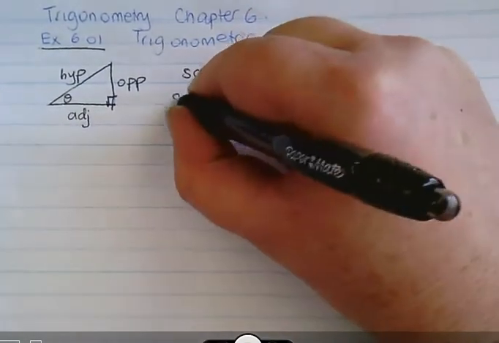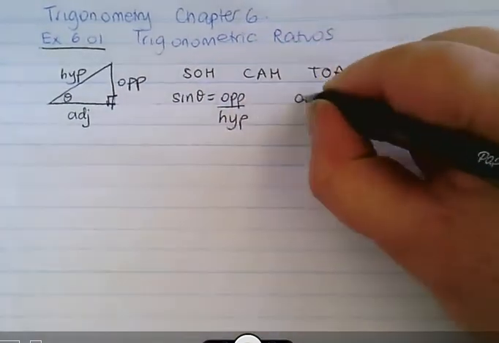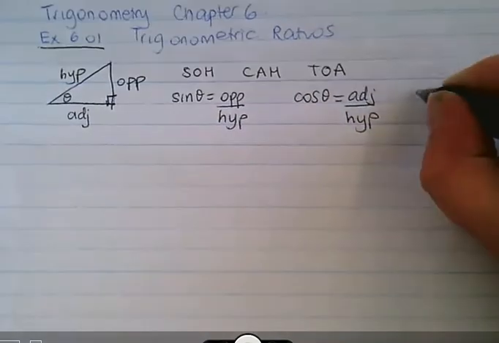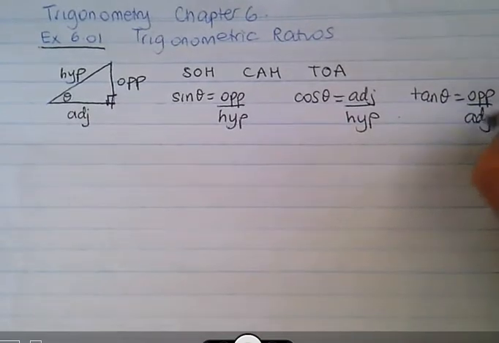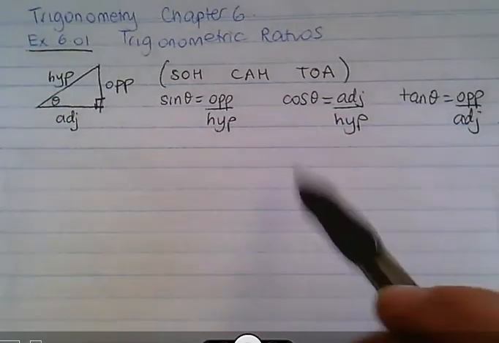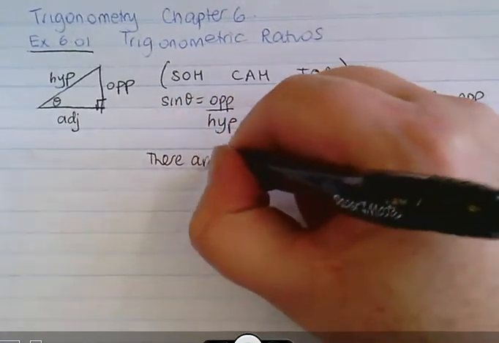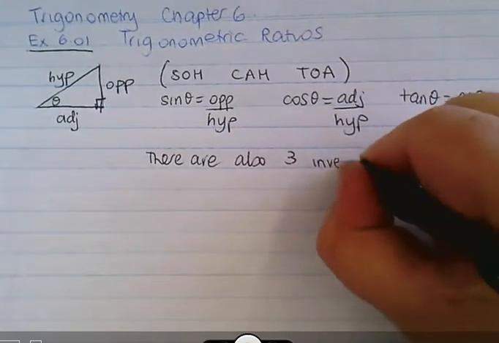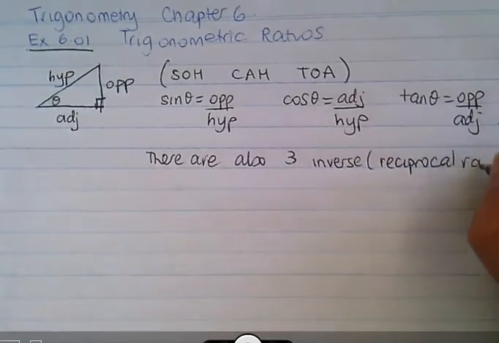SOHCAHTOA represents sine theta is opposite over hypotenuse, cos theta equals adjacent over hypotenuse, and tan theta equals opposite over adjacent. So apart from these three ratios, there are also three inverse, or we can call them reciprocal, ratios.